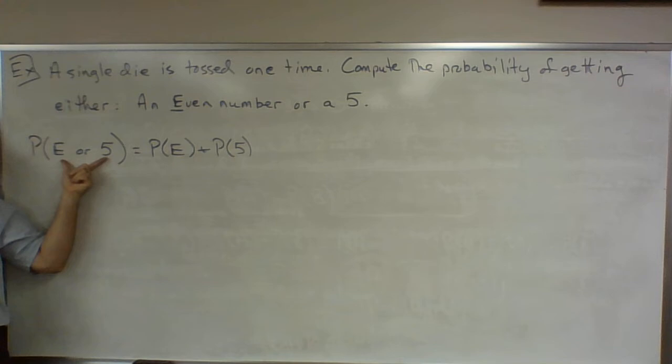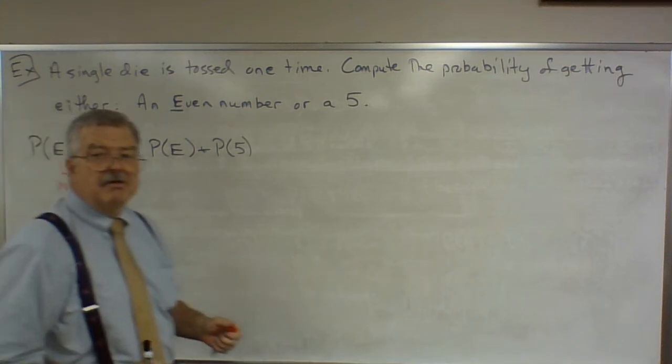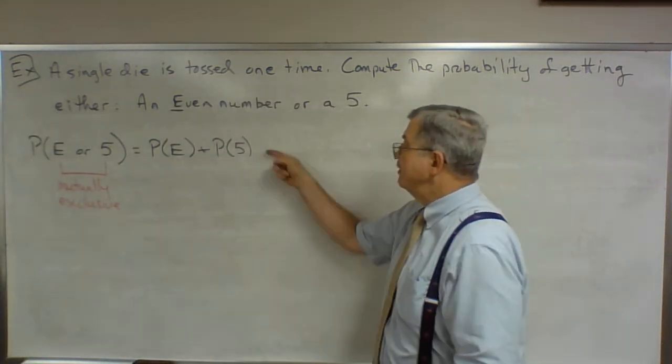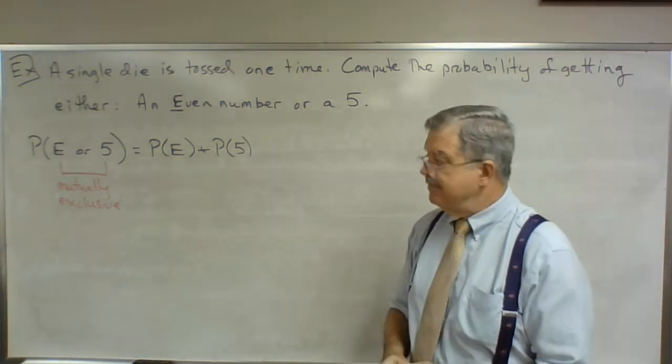If we toss a die once, can we get both an even number and a 5? Nope. These are mutually exclusive. So we don't have to subtract the probability of getting an even number and a 5.